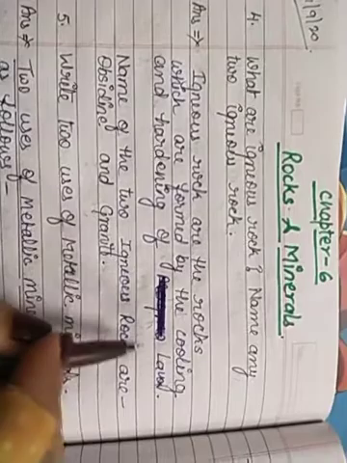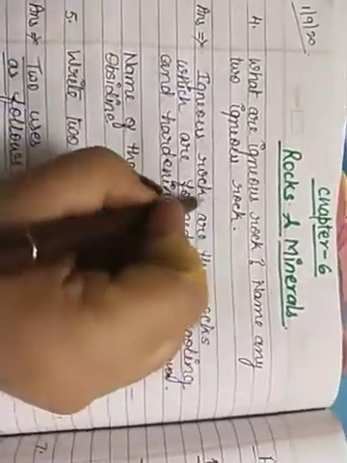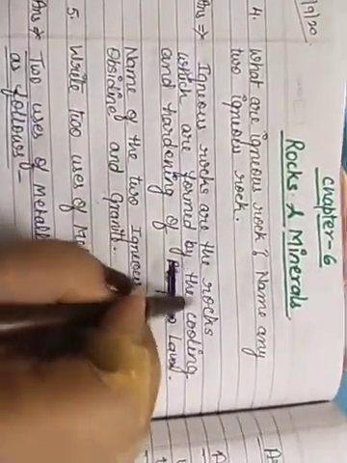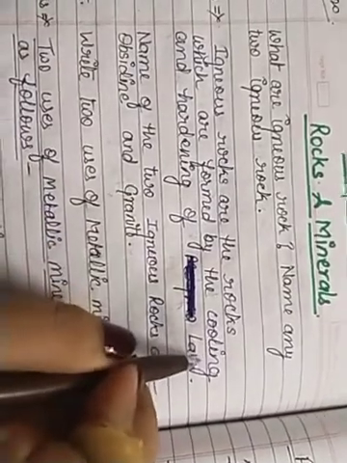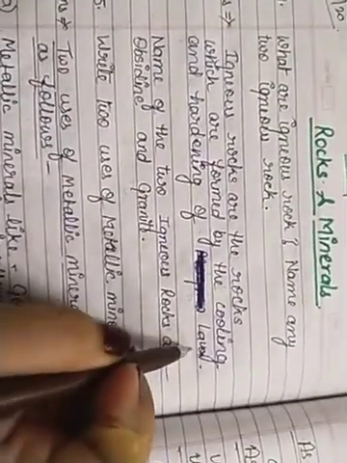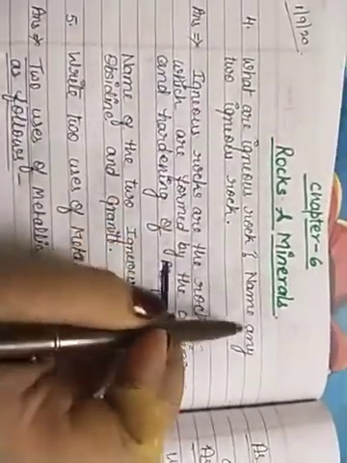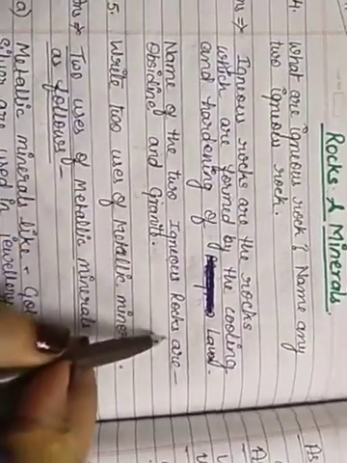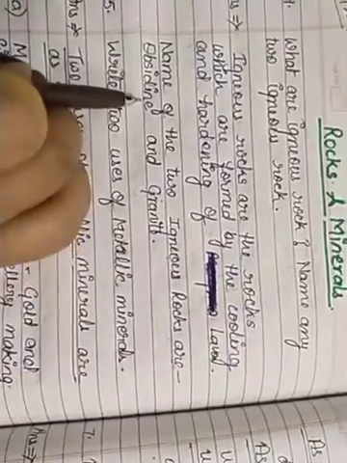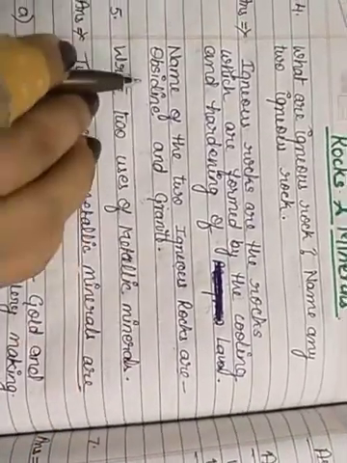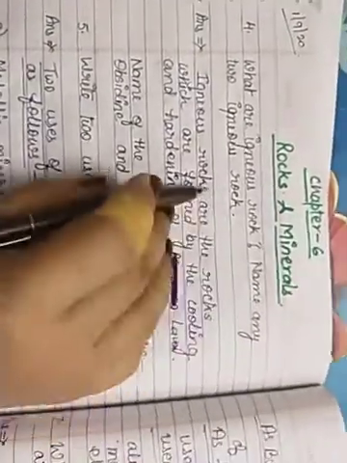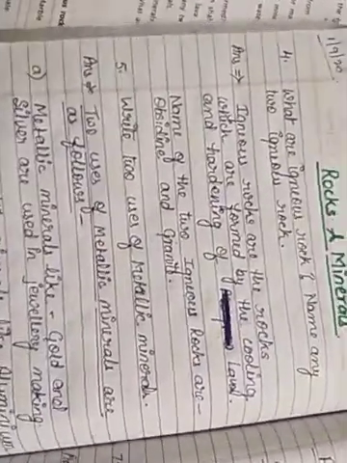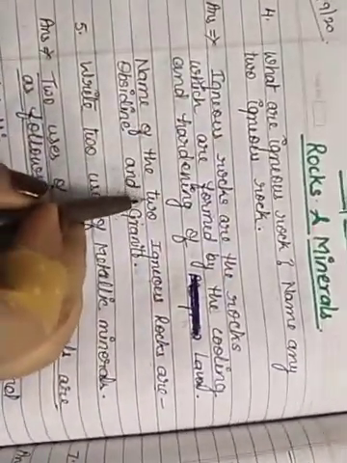So as its name shows, igneous rocks are the rocks which are formed by the cooling and hardening of the lava. And name any 2 igneous rocks. The names of 2 igneous rocks are obsidian and granite. These are the names of the 2 igneous rocks.